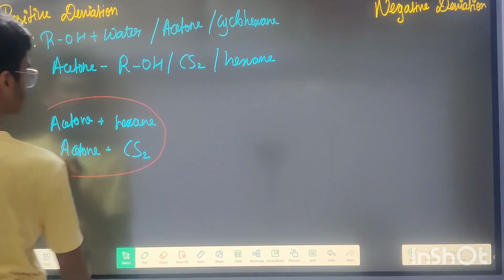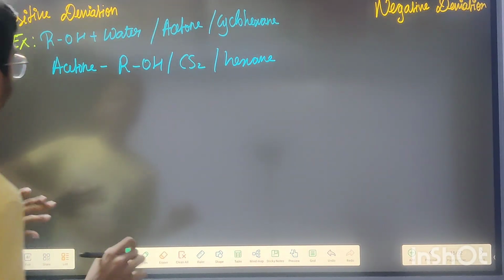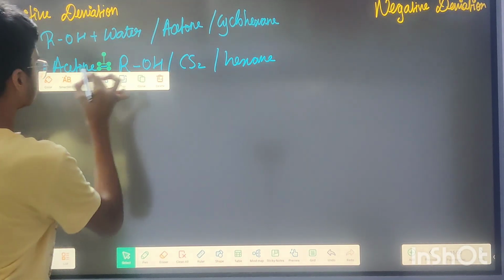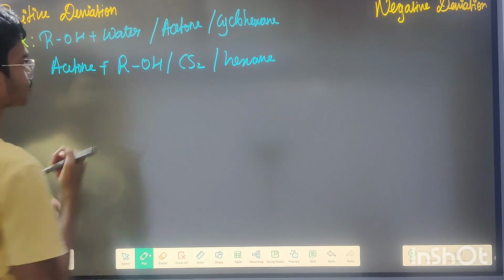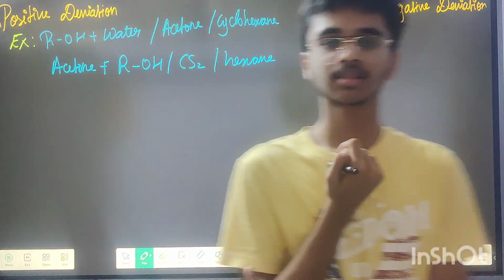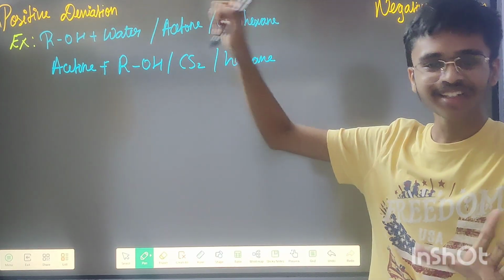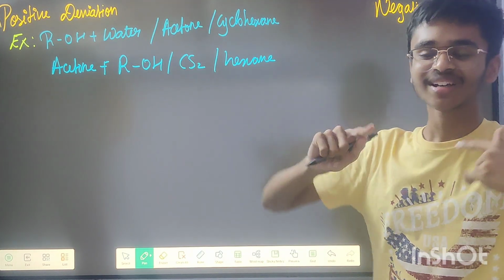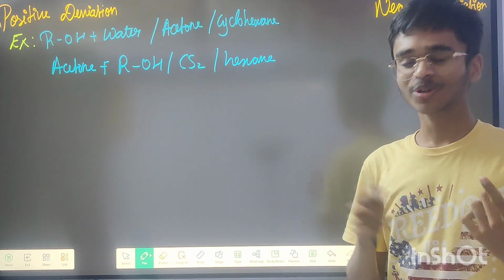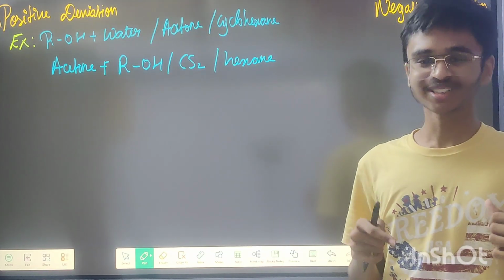Now it is going to be a little bit easier. How will you remember this? Alcohol. If you hear the word alcohol, what other compound comes to your brain? Water, right?